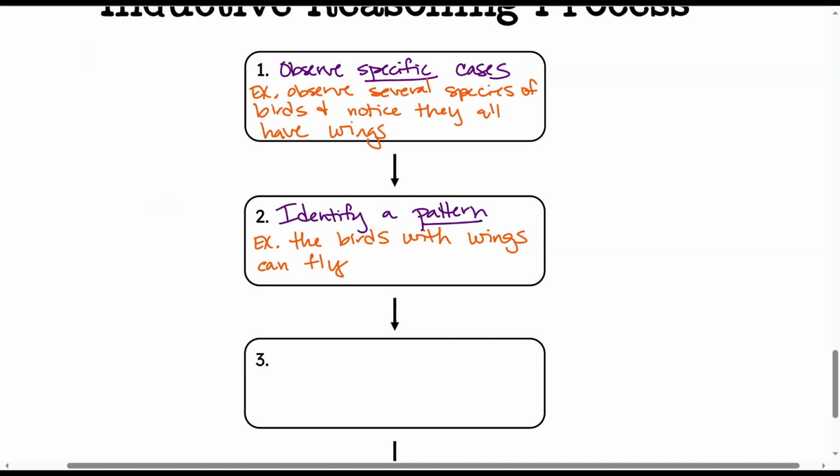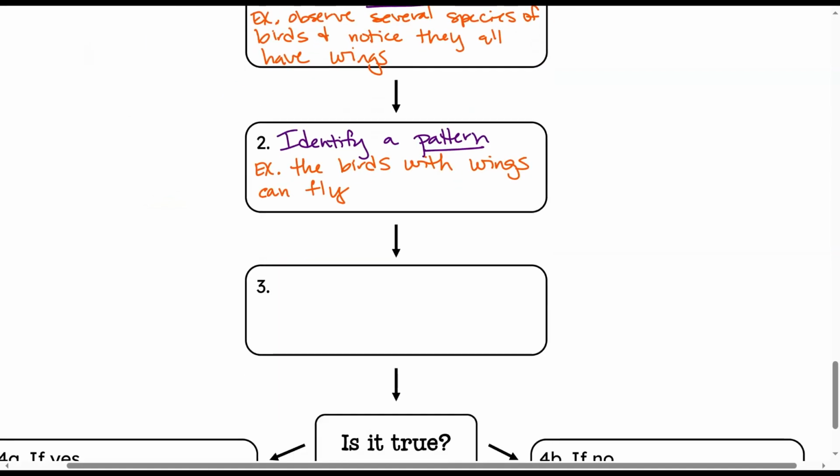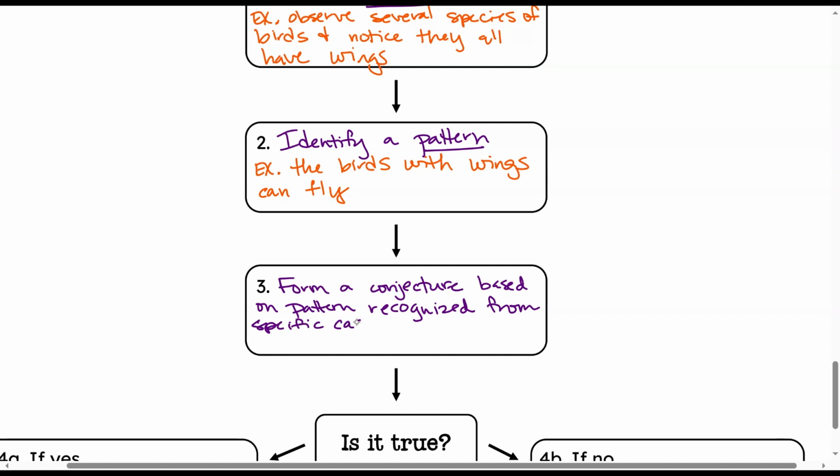The next step in the process is you form a conjecture based on the pattern recognized from specific cases observed. So let's write that down. We form a conjecture based on the pattern recognized from specific cases observed.